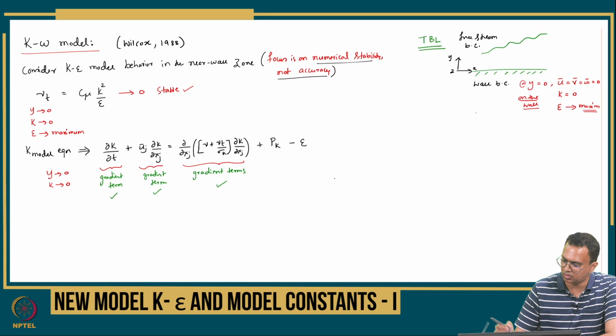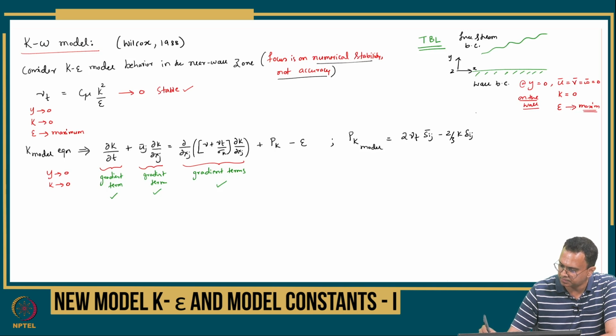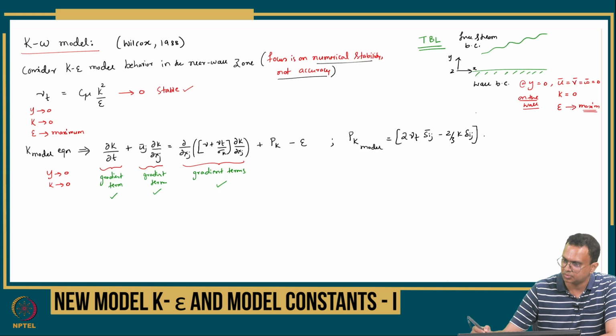So we have now the Pk model component, that is the production rate of turbulence kinetic energy. You can write Pk model if you want. Pk is equal to, using Boussinesq, 2 νt S̄ij minus 2/3 k δij, the Boussinesq closure for Reynolds stresses, followed by your mean strain rate.